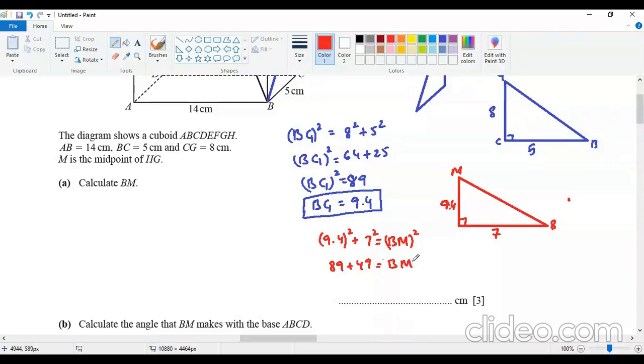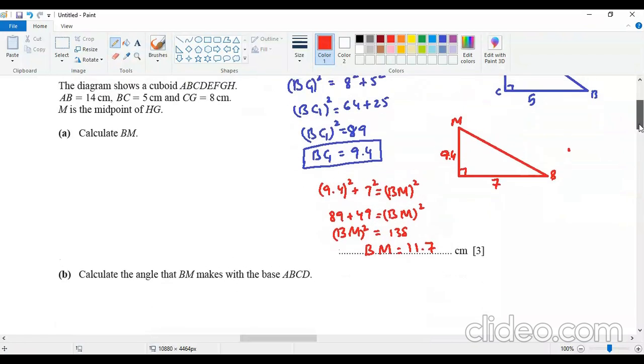BM square equals 138, and the length of BM is going to be equal to 11.7, finding out the square root of 138.